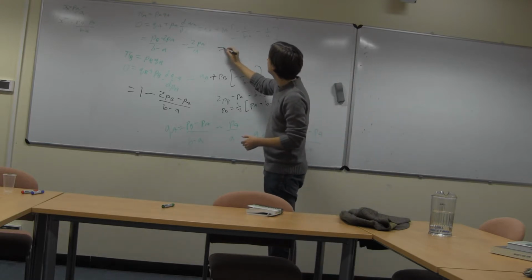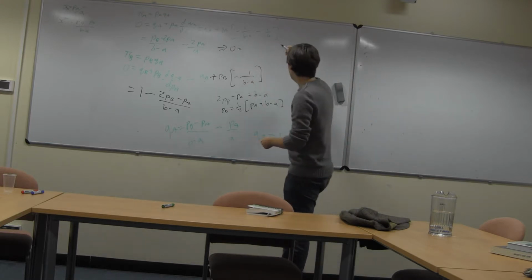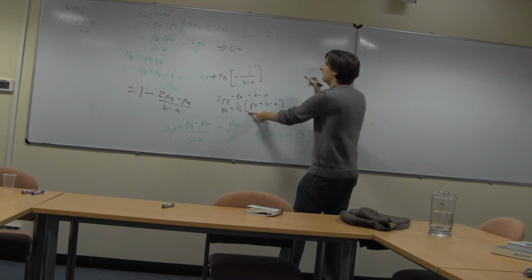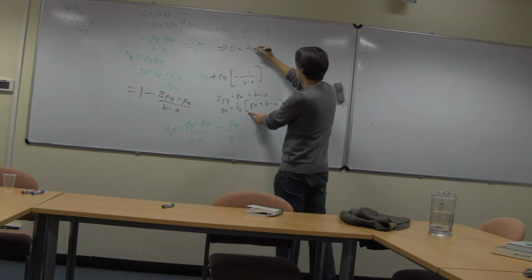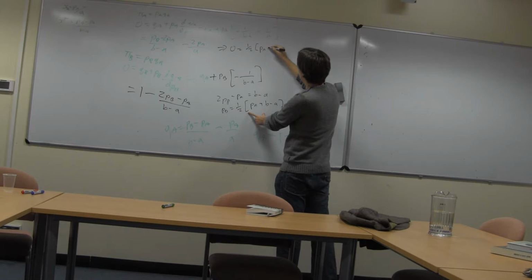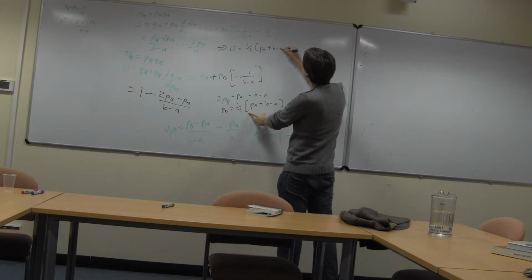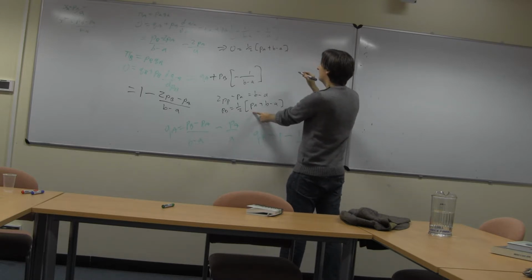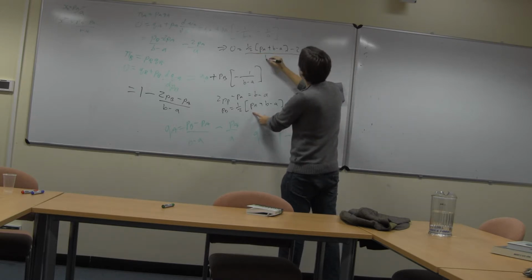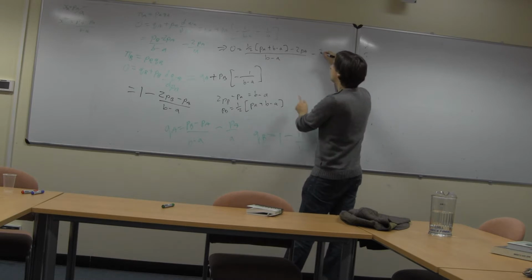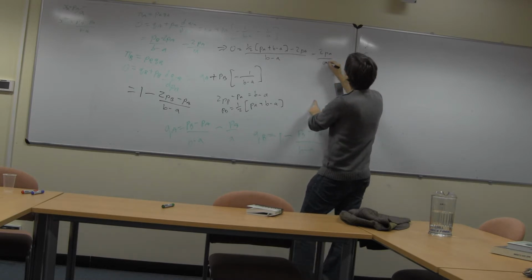I think this is right. So naught is equal to, so PB is this thing, half of (PA plus B minus A), minus 2PA all over (B minus A), minus 2PA over A.